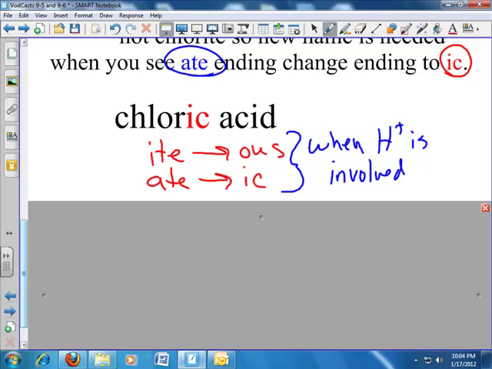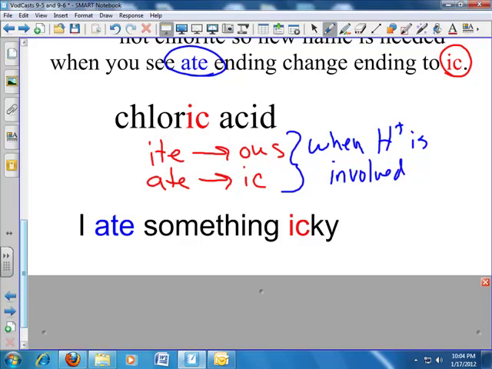There's a silly little saying out there to help you remember this: I ate something icky. So ATEs become ICs. I don't know, someone came up with that a while ago. I thought it was kind of cute, so I thought I'd share it with you.